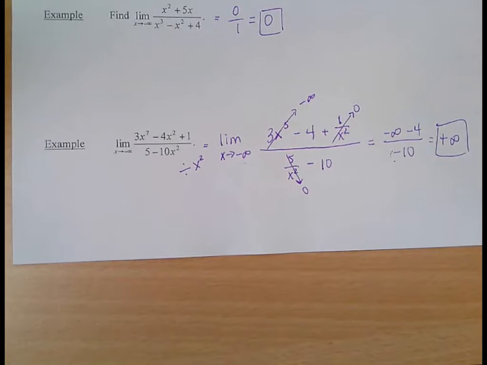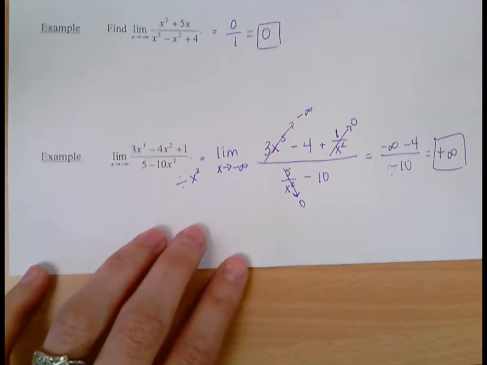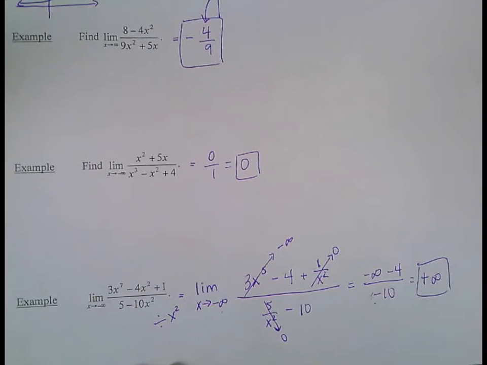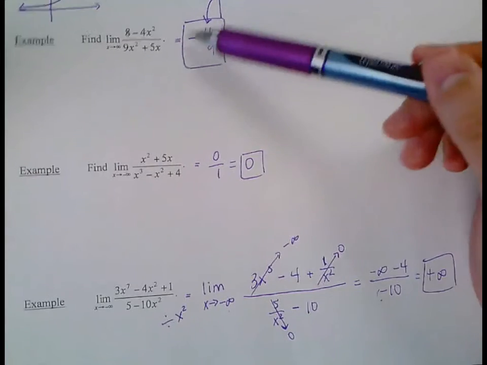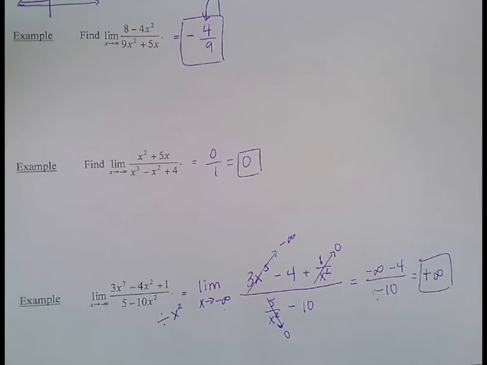Okay. Now, what I want to generalize with this, there is a sort of shortcut for these. Well, the process itself isn't terrible, but there's a shortcut. Take a look at the first one. Look at the limit. The limit's negative 4/9. Do you see a negative 4/9 in the original problem?